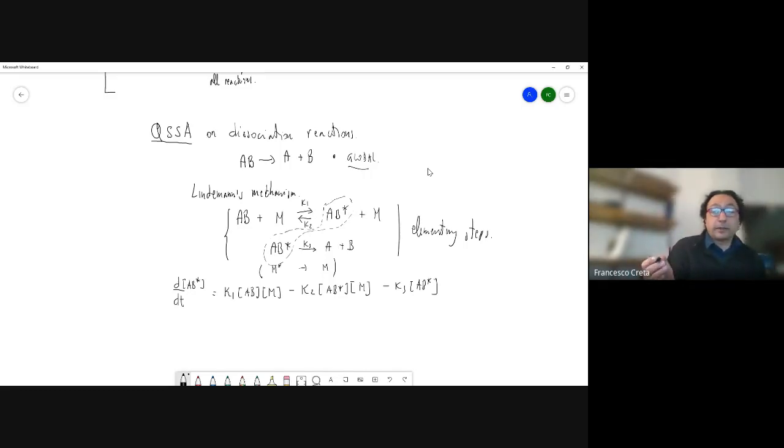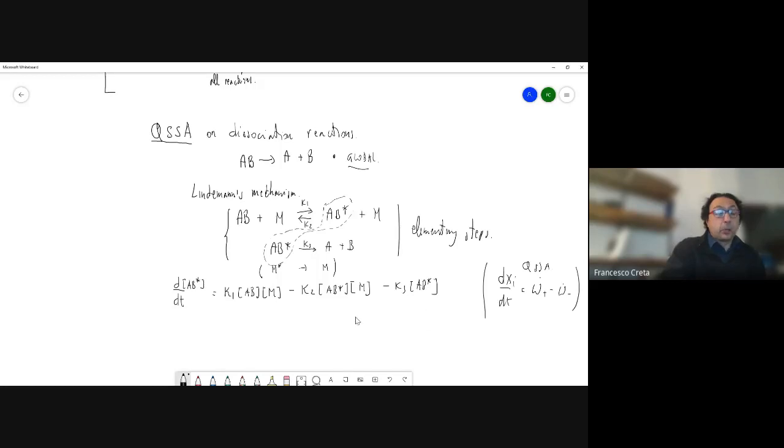But the most important thing here is that, remember, we wrote dxi by dt equal to a positive and a negative term, in the quasi-steady state assumption. Well, you can recognize this form right here, where, for example, this is a positive term and these are negative terms.